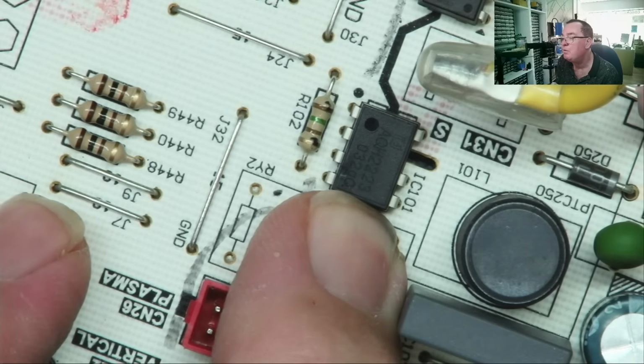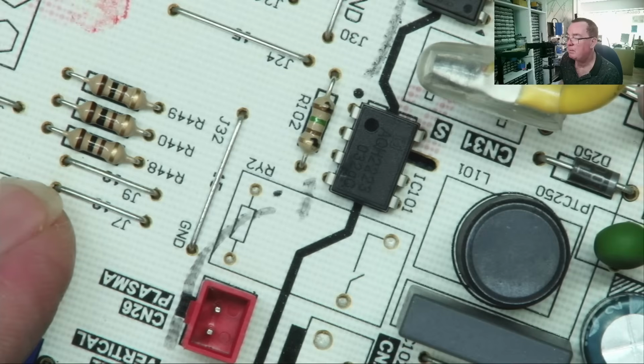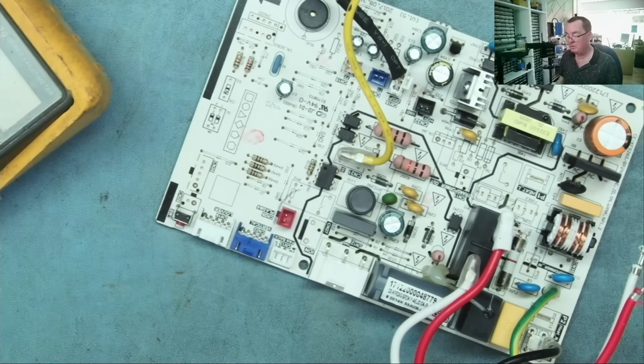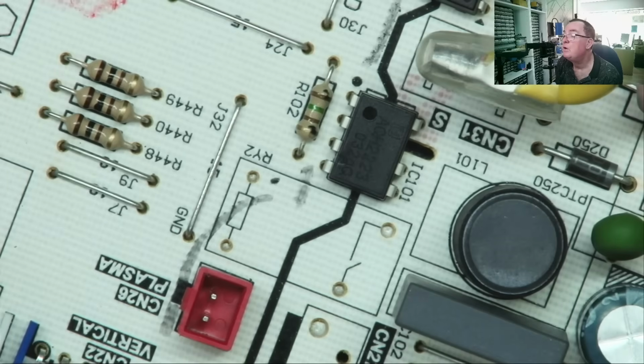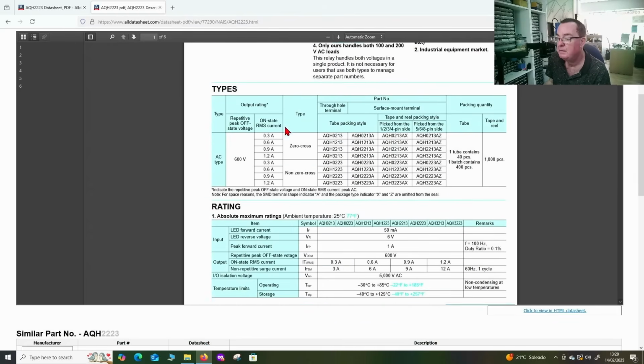This one we will look up because I'm not sure exactly, but it looks like some sort of power supply driver to me. Switch mode. Like I said, without the transformer. So let's look at that one. AQH2223. Okay, so the AQH2223 is a solid state relay.